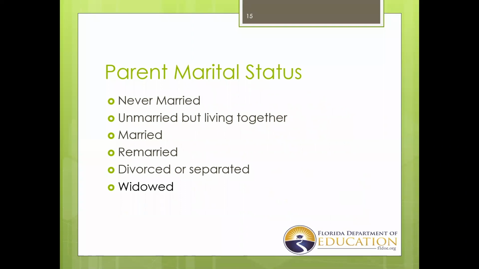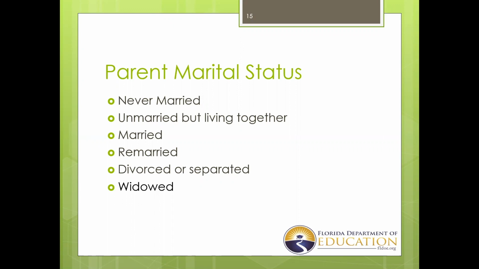All right, and then it's going to start asking questions about your parents. So the first thing that they're going to want to know is the parent's marital status. So the parent that you're living with or your parents, they need to find out if the parents are or were never married.